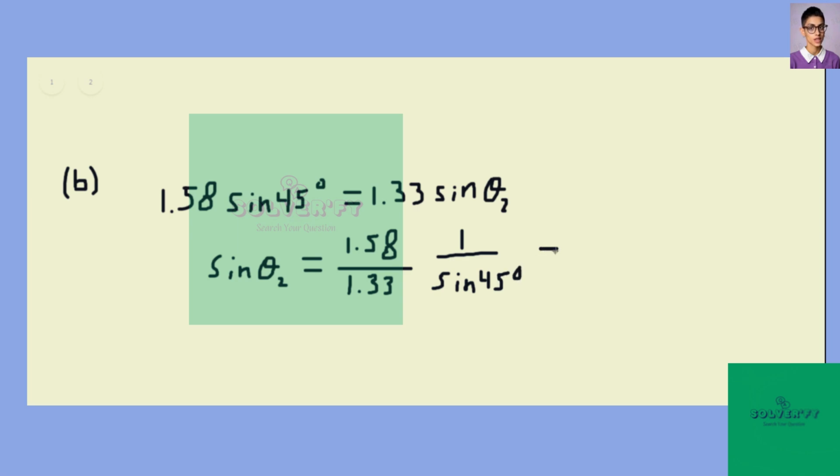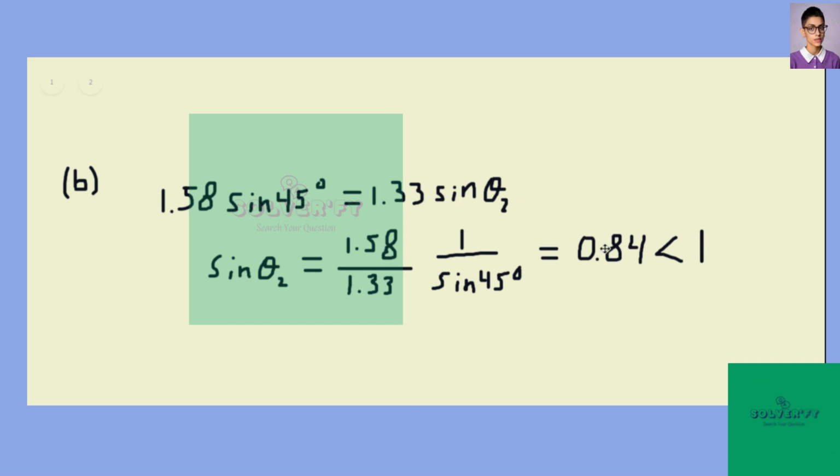So carrying out this expression, we find that this is equal to 0.84. And 0.84 is clearly less than 1. And since it's less than 1, the prism is not totally reflected.